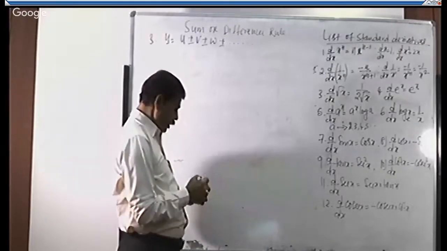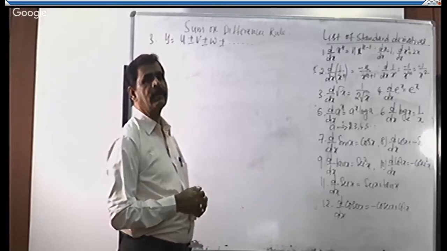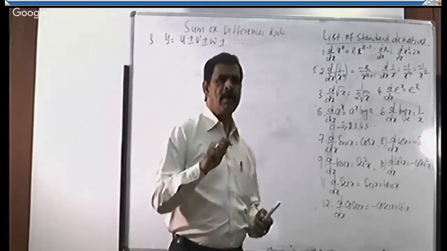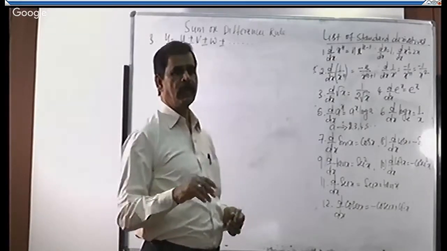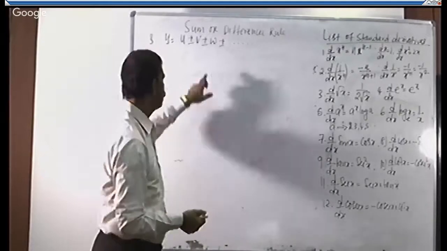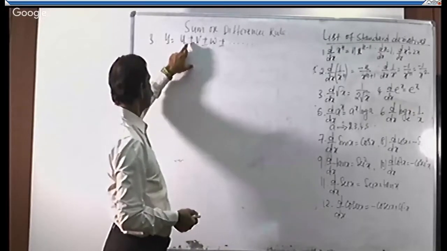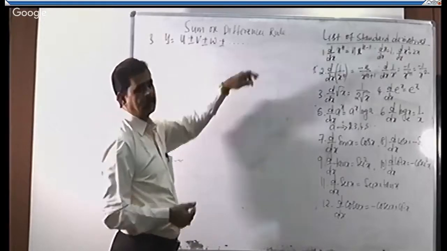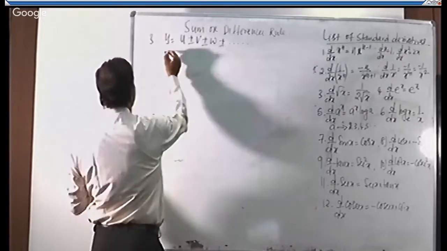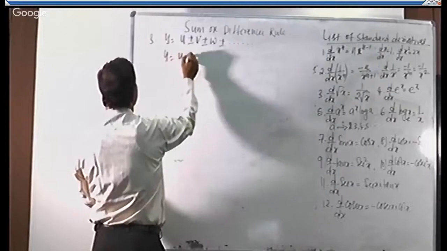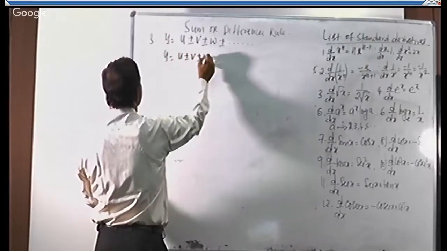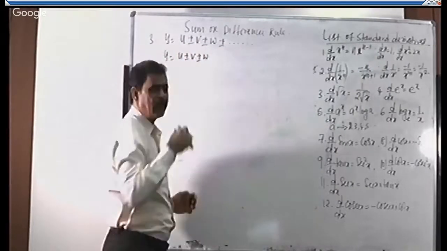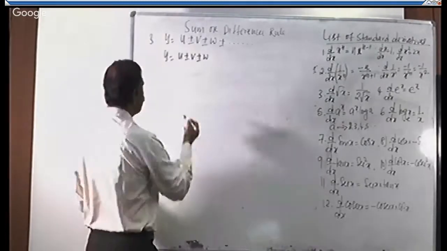Third rule, if the function has a sum or difference of two or more terms, y is equal to u plus or minus v plus or minus w plus or minus and so on. Right? I will take only 3 terms, or you can take 2 only.